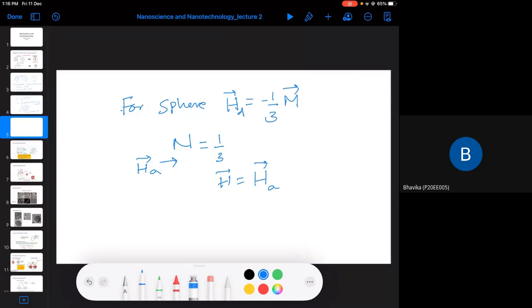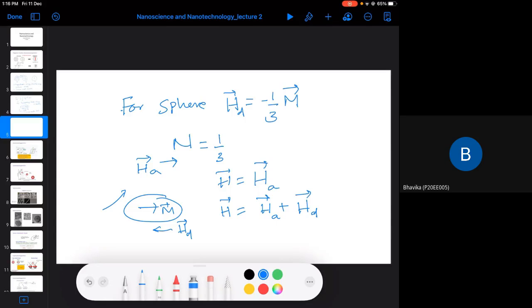But if I now introduce a ferromagnetic body here with magnetization M, then my magnetic field H will change because I have a demagnetizing field due to the ferromagnetic body.